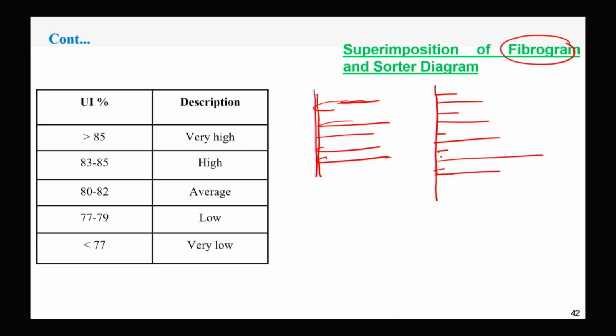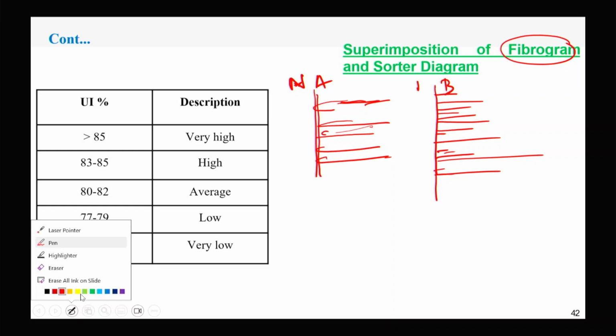This is the clamp of the fibrogram, no folding. And this is the folding, as we know. This is normal, the normal is A, and here it is B with a new technique.